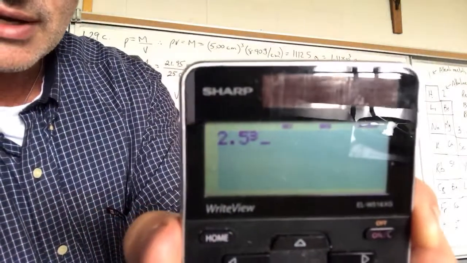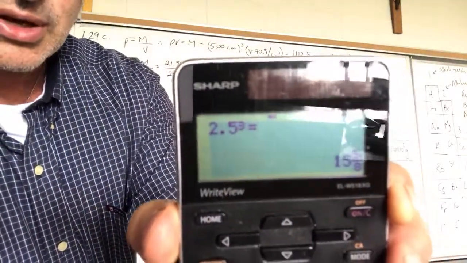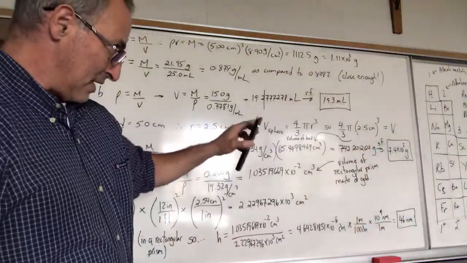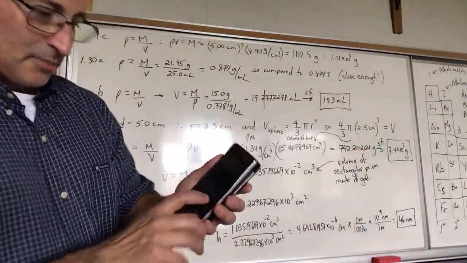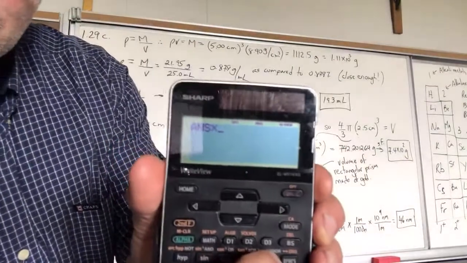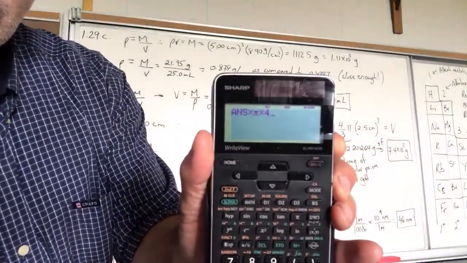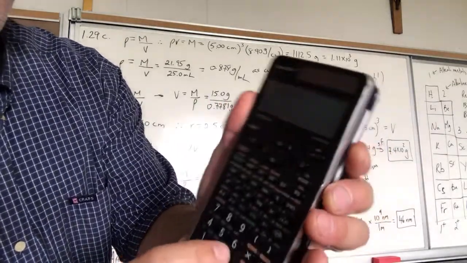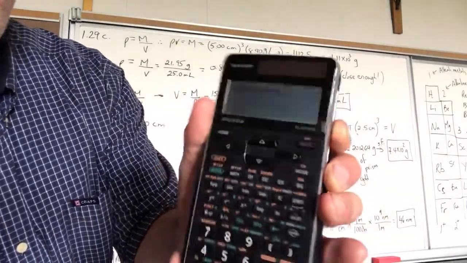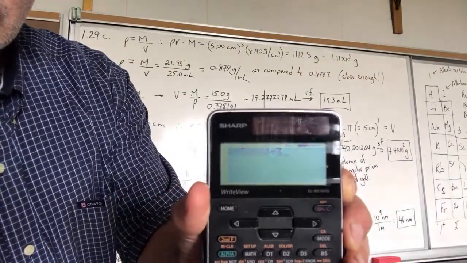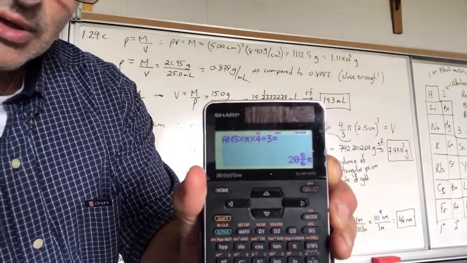And that equals, so it raises 2.5 to the power of 3, and then I press equals, and it gives me the answer. But I'm not finished. I still have to multiply by pi and by 4, and then divide by 3. So times pi times 4 divided by 3 equals. I'm trying to get it out of the glare.